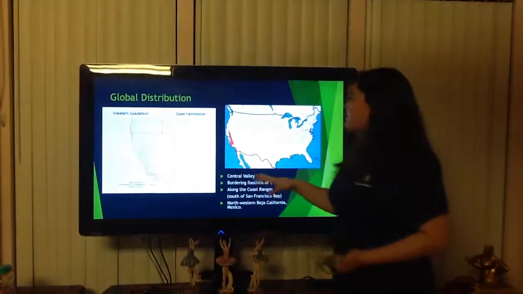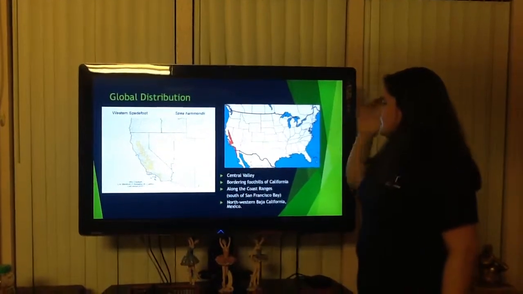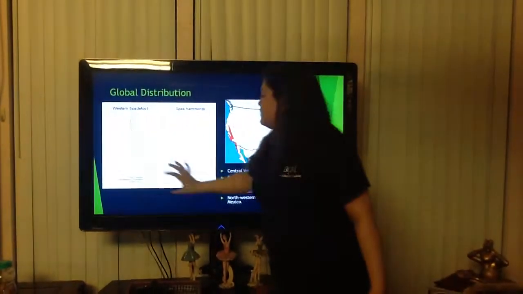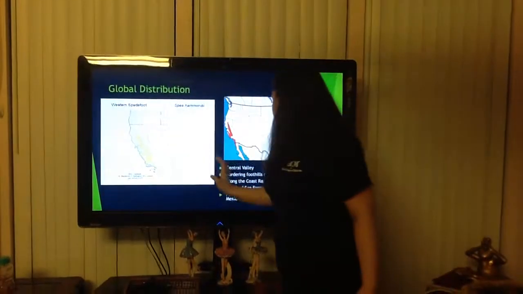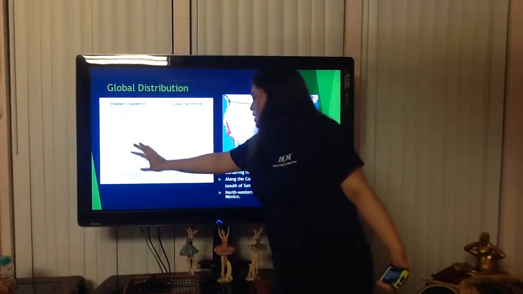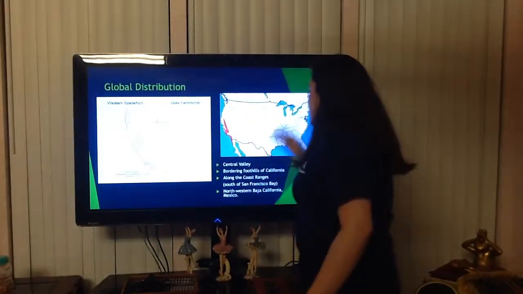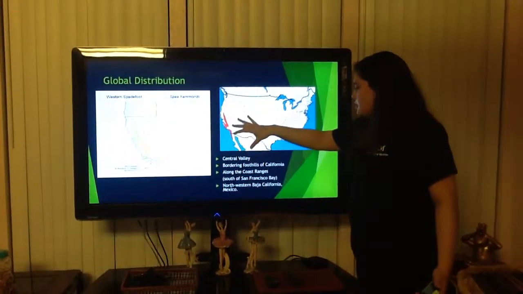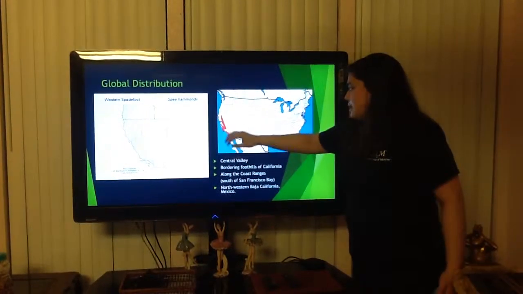Now, the western spadefoot toad is primarily found in California, in the Central Valley and the bordering foothills of California, and along the coastal ranges south of San Francisco Bay. They can also be found, shown by this image here, in northwestern Baja California, Mexico.